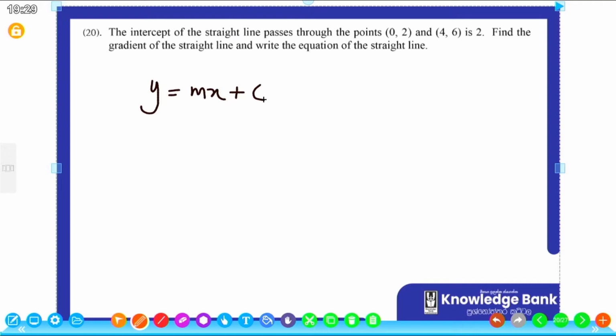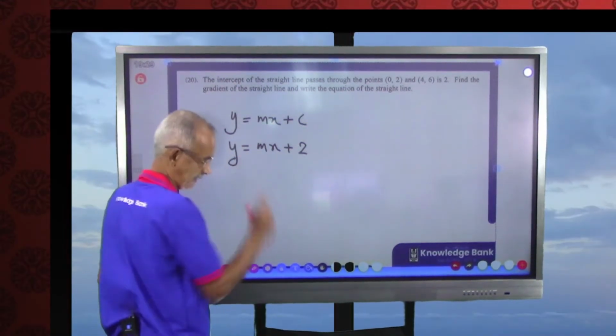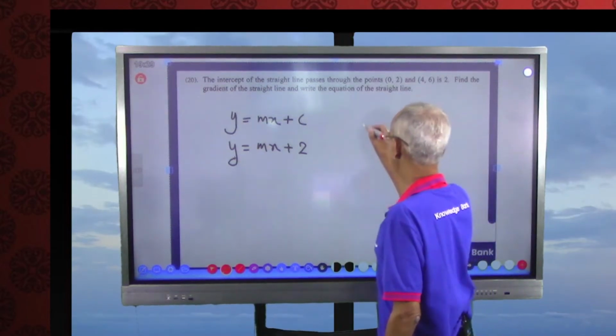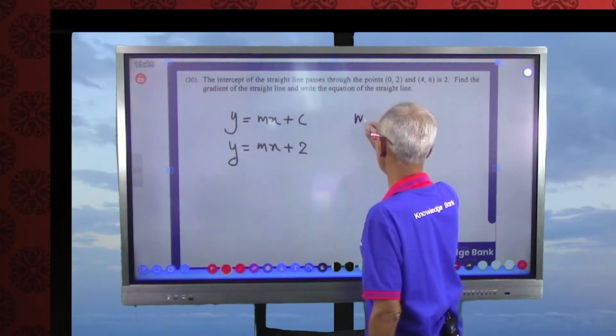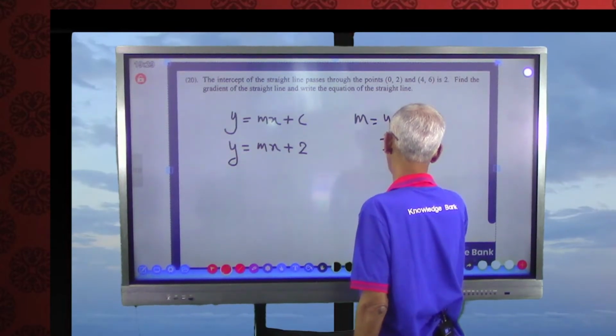M is the gradient, c is the intercept. Here you have been given that the straight line passes through the points (0, 2) and (4, 6). The intercept is 2. Then here we can write y = mx + 2. The next step is to find m. The gradient m is equal to (y2 minus y1) over (x2 minus x1).